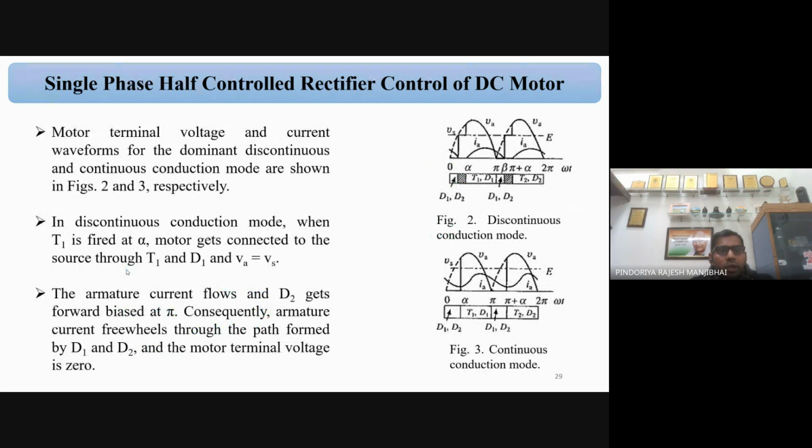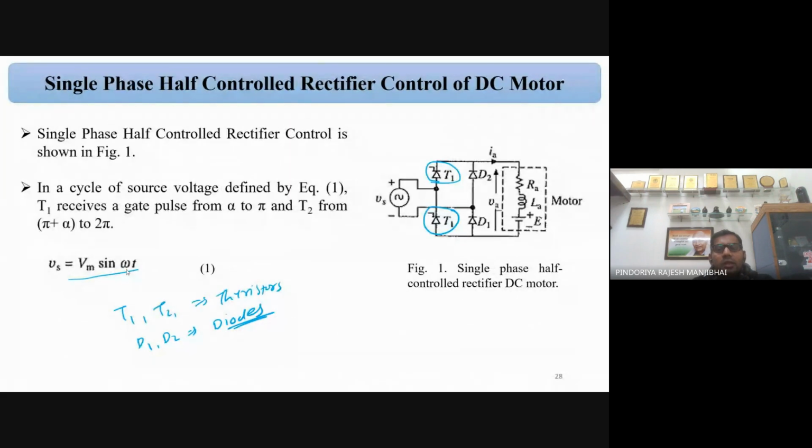Then we have to operate them one by one. We have to operate two legs, with one switch from the upper leg and another switch from the bottom leg. So we operate T1 and D1 at a time, and then T2 and D2 at a time.